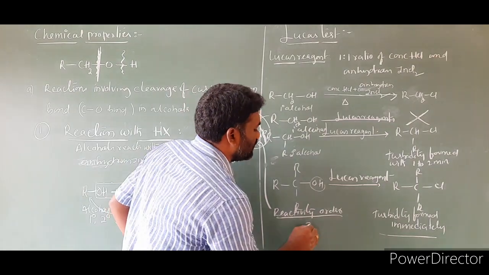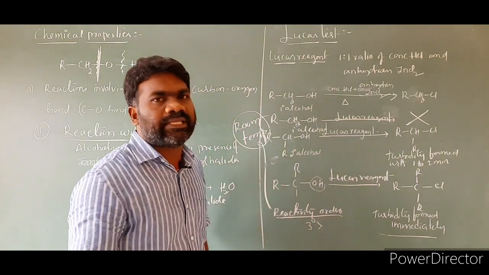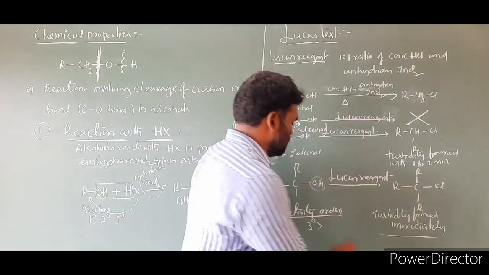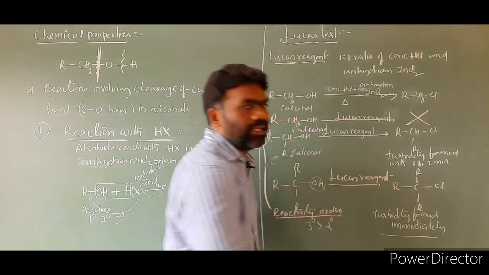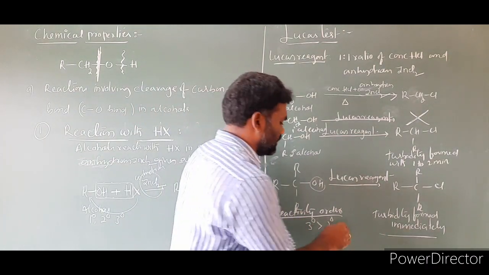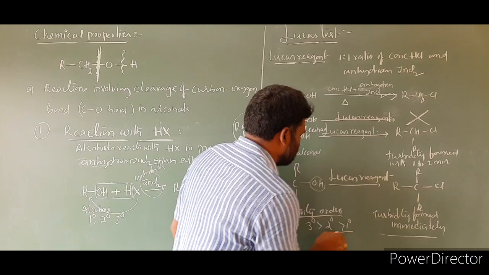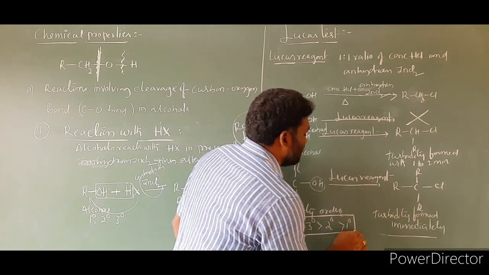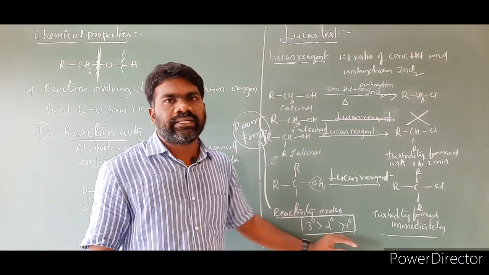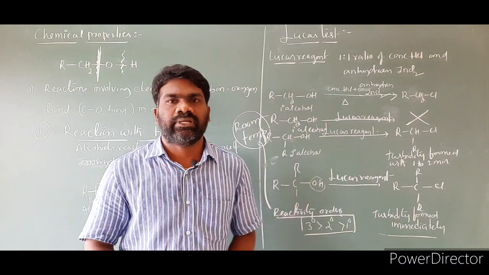So tertiary alcohol is more reactive with Lucas reagent, greater than secondary alcohol, which reacts in 1 to 2 minutes, then primary alcohols, which do not react with Lucas reagent at room temperature. This is the reactivity order of primary, secondary, tertiary alcohols with Lucas reagent.